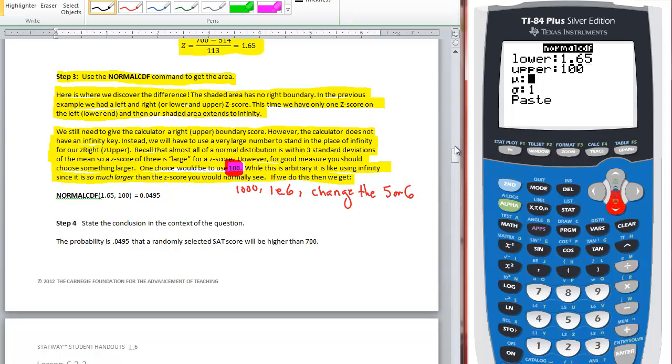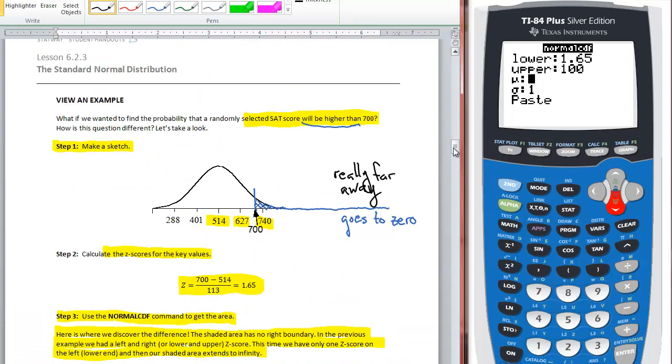And again, the reason I'm using 0 and 1 here is because these are the z-scores. And the z-score for the mean is at 0, and 1 standard deviation away, and then this is 2 standard deviations away, and the 700 is in between those two values. It's a z-score.